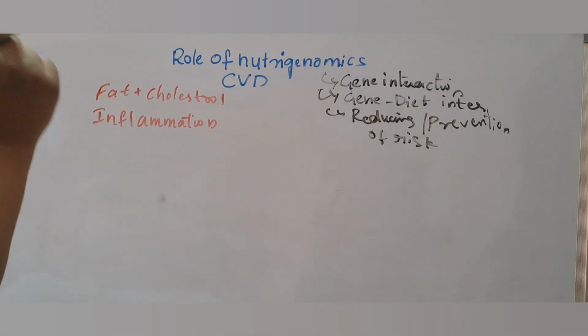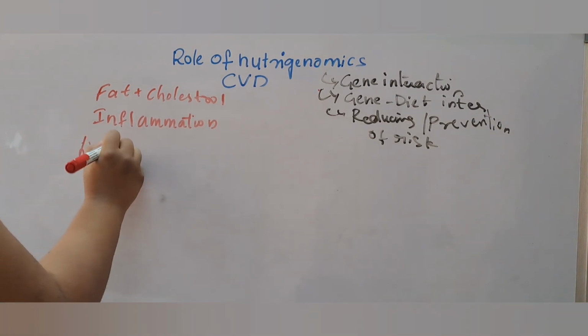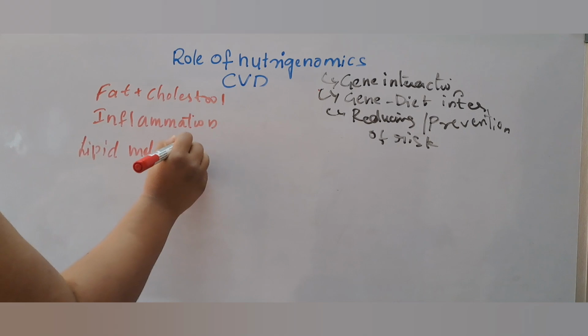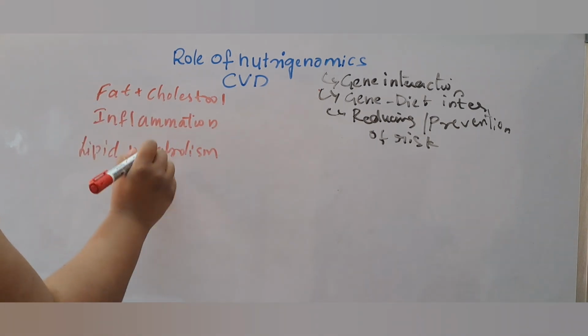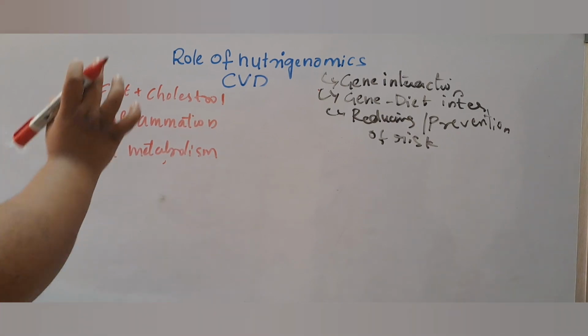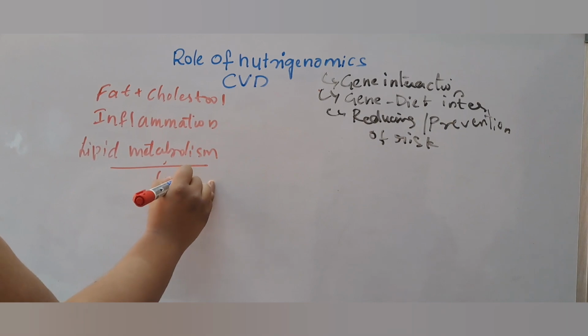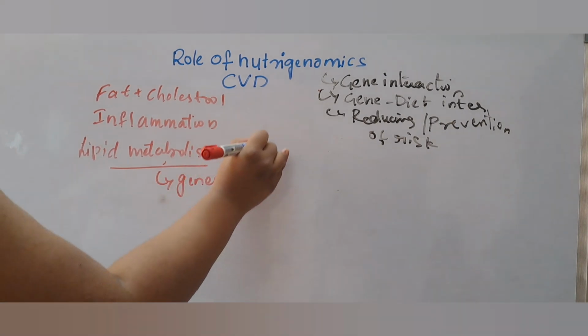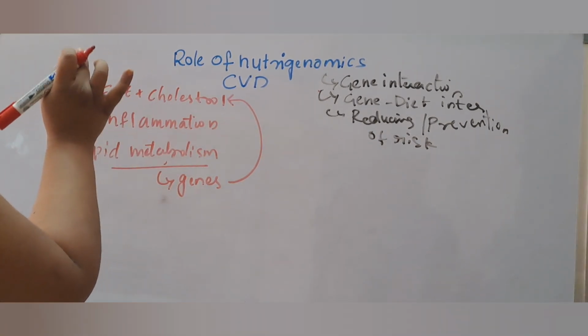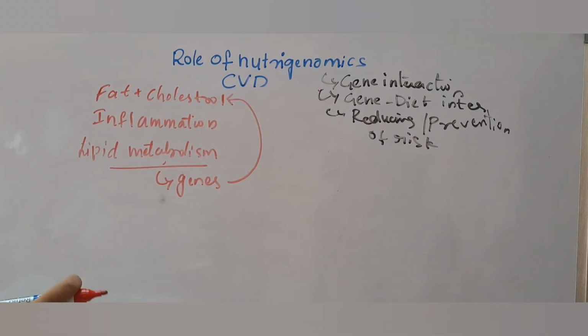So generally there is lipid metabolism, in which the genes identify and affect cholesterol and fat metabolism. In lipid metabolism there are some genes which identify both cholesterol and fat metabolism and help to regulate heart health and reduce the risk of heart diseases.